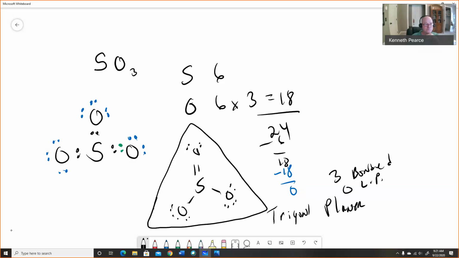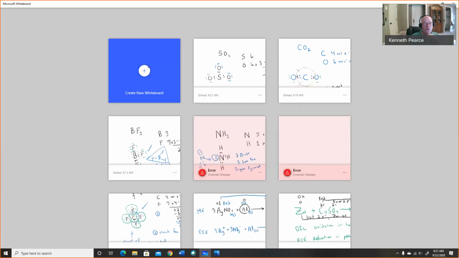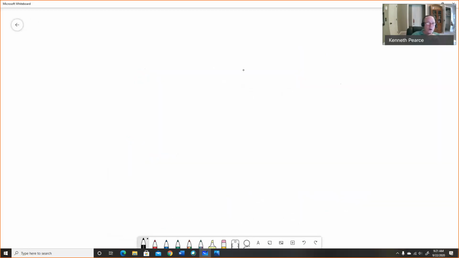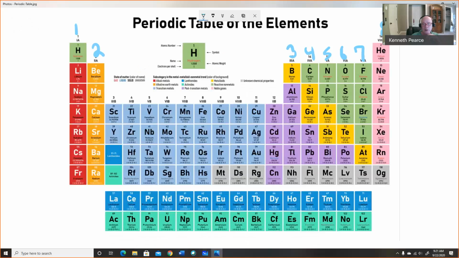Now, the final thing we need to be able to do is tell whether a molecule is polar or nonpolar. And so before we do that, we have things called polar bonds and nonpolar bonds. Basically, we have something called electronegativity, which has to do with how much an atom really wants the electron.